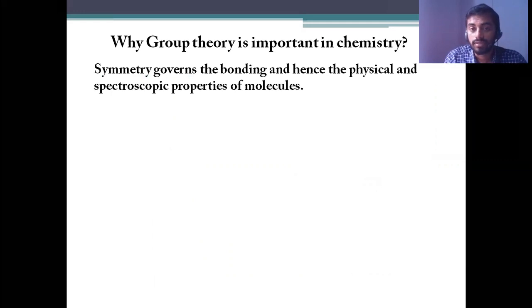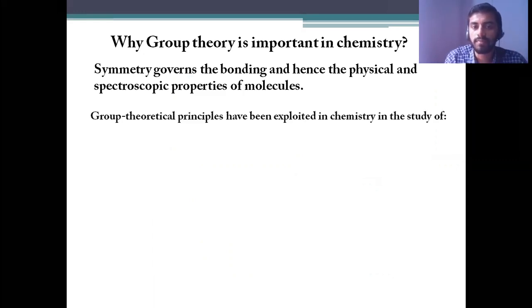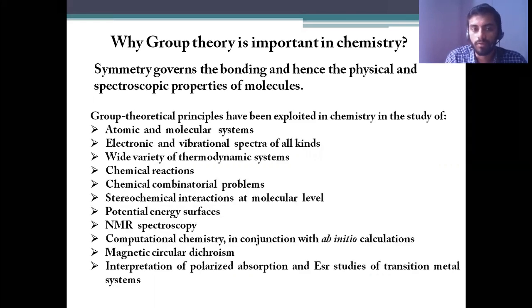Because symmetry governs bonding and hence the physical and spectroscopic properties of molecules. Also, group theoretical principles have been exploited in chemistry in different areas that include atomic and molecular systems, electronic and vibrational spectra of all kinds, a wide variety of thermodynamic systems, chemical reactions, chemical combinatorial problems, stereochemical interactions at the molecular level, potential energy surfaces, NMR spectroscopy, computational chemistry, and it goes on.